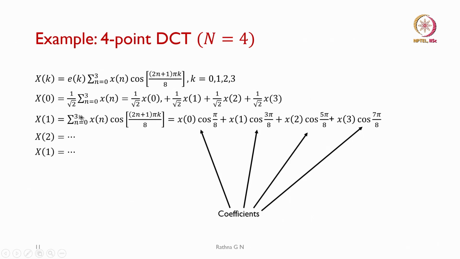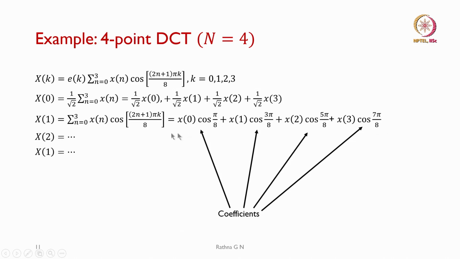To get X of 1, we will expand this equation by substituting n is equal to 0 to 3 in this case. Which is going to be x of 0 into cos pi by 8 and x of 1 into cos 2 pi by 8 plus x of 2 into cos 3 pi by 8 plus x of 3 into cos 7 pi by 8.